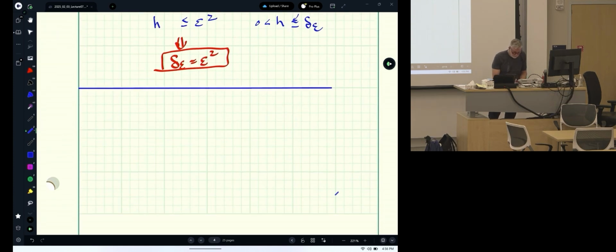Okay, so this one is a little bit more interesting. f of x equals 2 plus e to the minus 1 divided by x plus 1.